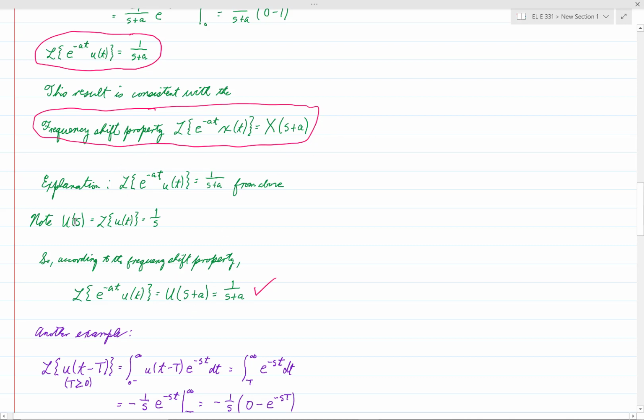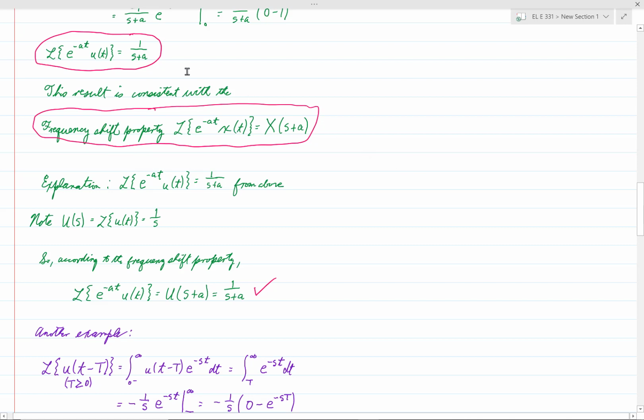But then since U of s is 1 over s, then U of s plus a is 1 over s plus a. So there we have found the Laplace transform of e to the minus at u of t using the frequency shift property rather than by using the direct integration of the formula.